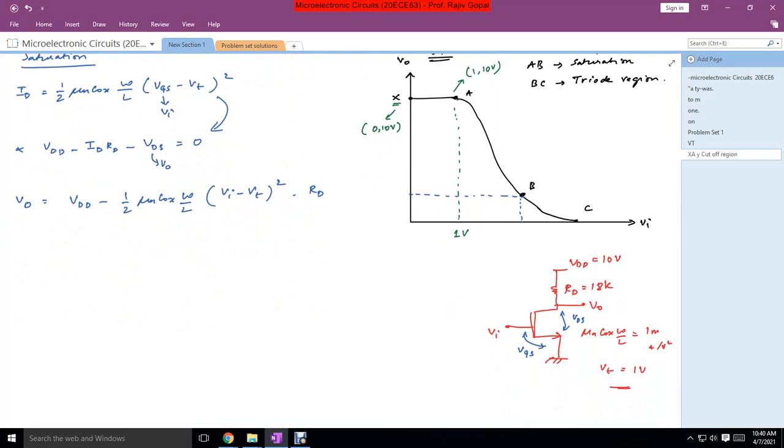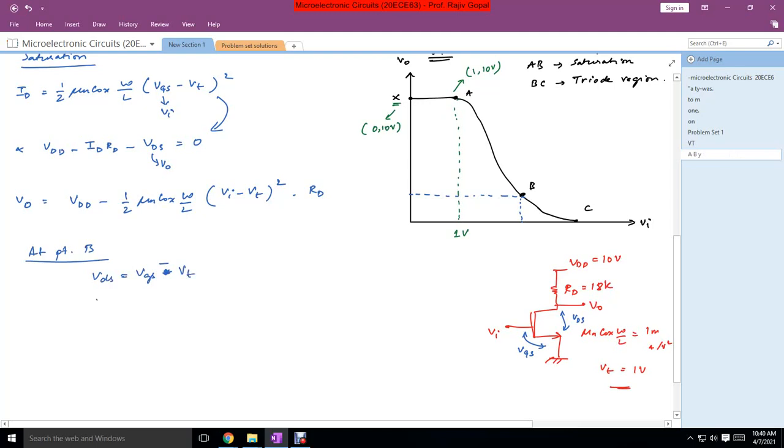So at point B, the limiting condition for the transistor to switch over from saturation to triode is VDS equal to VGS minus VT.